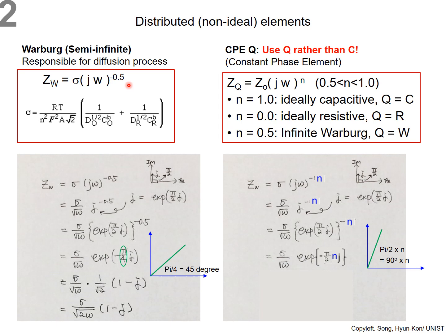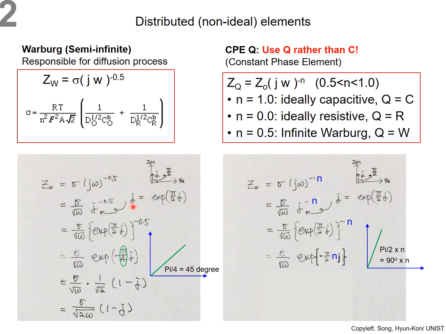Let me guess what kind of curves are obtained from this equation. The impedance of Warburg is equal to sigma times j omega to the minus 0.5. I have just copied this one. And then sigma omega to the minus 0.5 is sigma over root omega. Then j to the minus 0.5. What is the j?